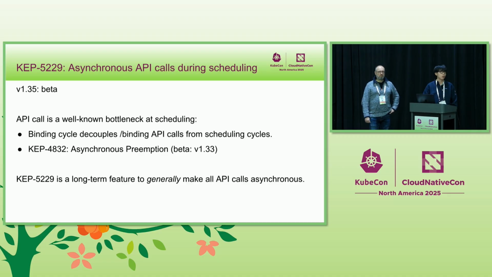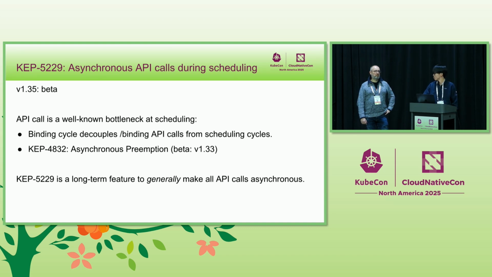I won't explain it deeper as we don't have much time here, but basically we have something like a queue, and also background workers, right? They make the actual API calls instead of the scheduling cycle blocking while making API calls. Right.